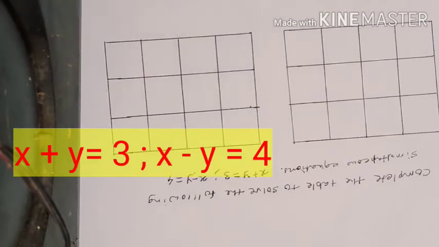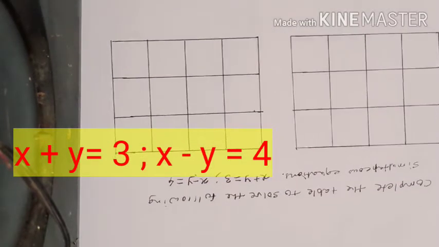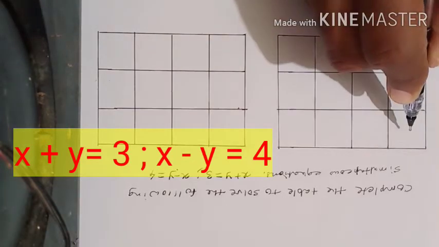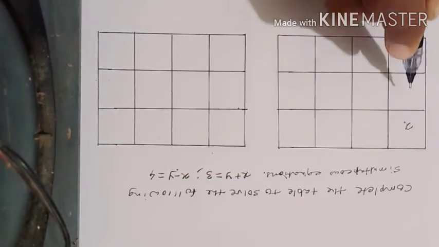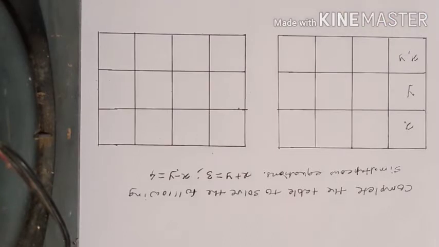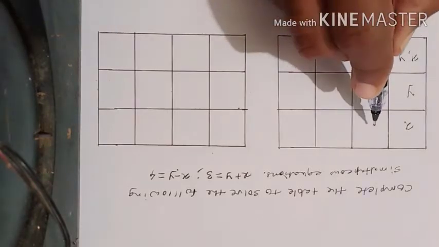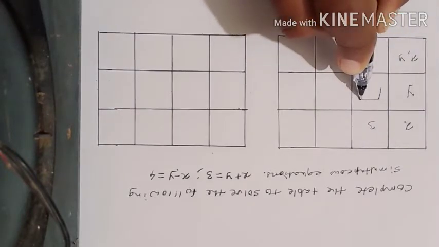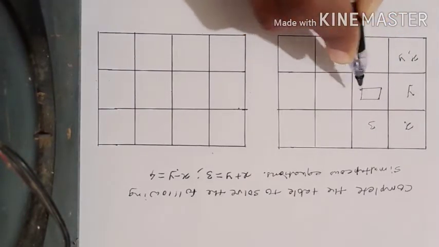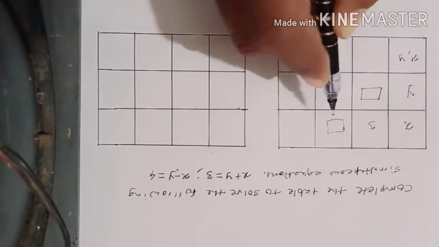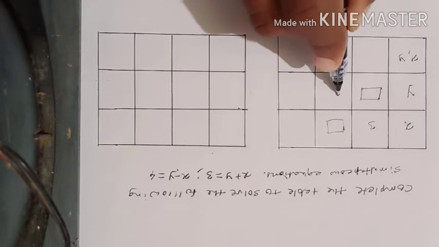Now, there are some boxes we have to fill in here. Here is x, here is y, and here x comma y. Now here is 3. Now there is a box here. Here is also a box, and here is 5.